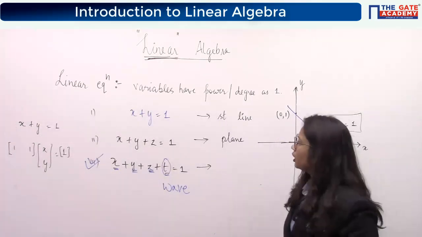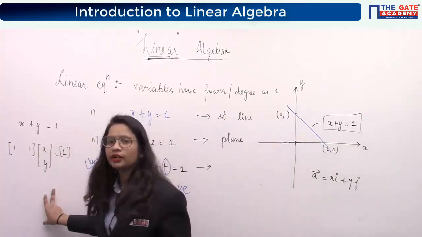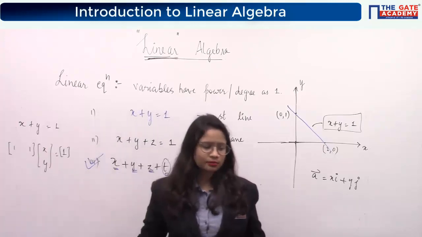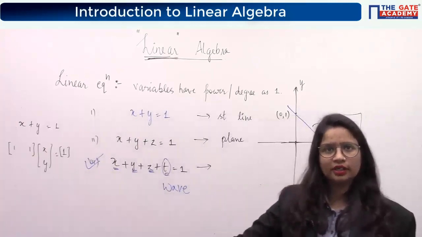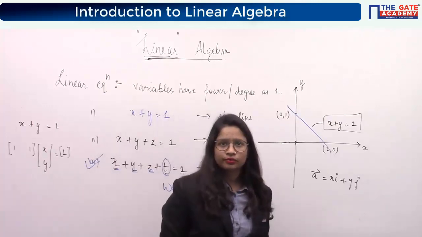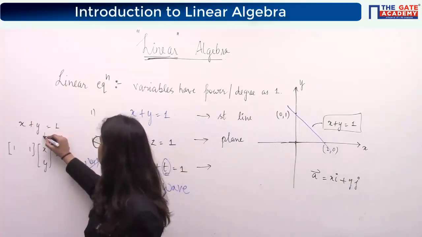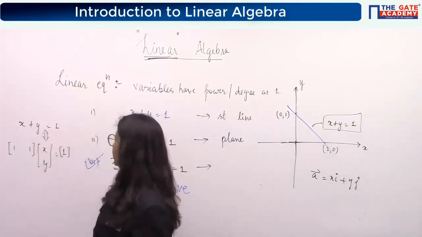Everybody agrees or not? Can I write our initial equation into this matrix format? We will discuss those matrix terms later on, but for now you must know that these two are equivalent. Yes or no? Agree or not? So yes, you must agree that these two are equivalent to each other.